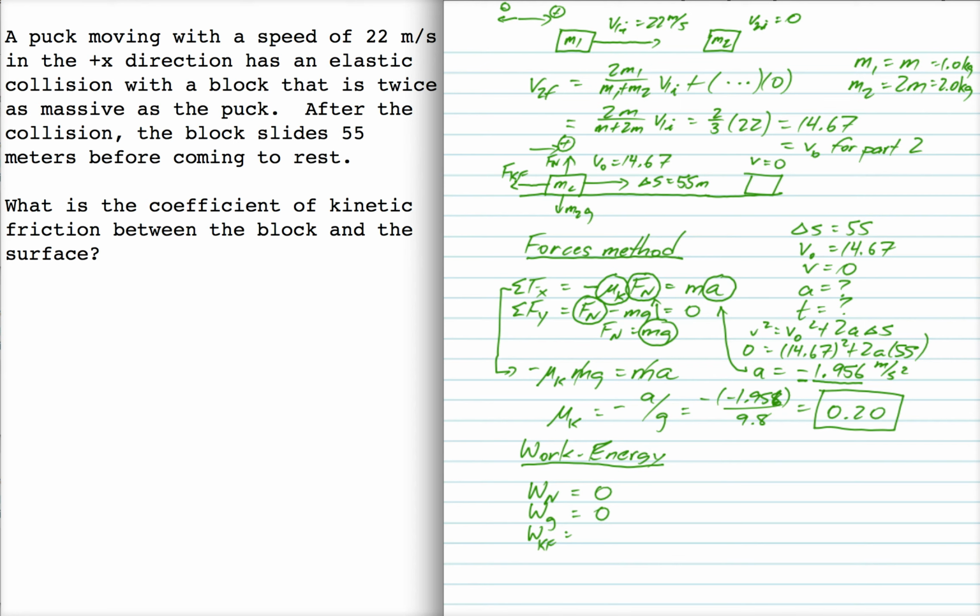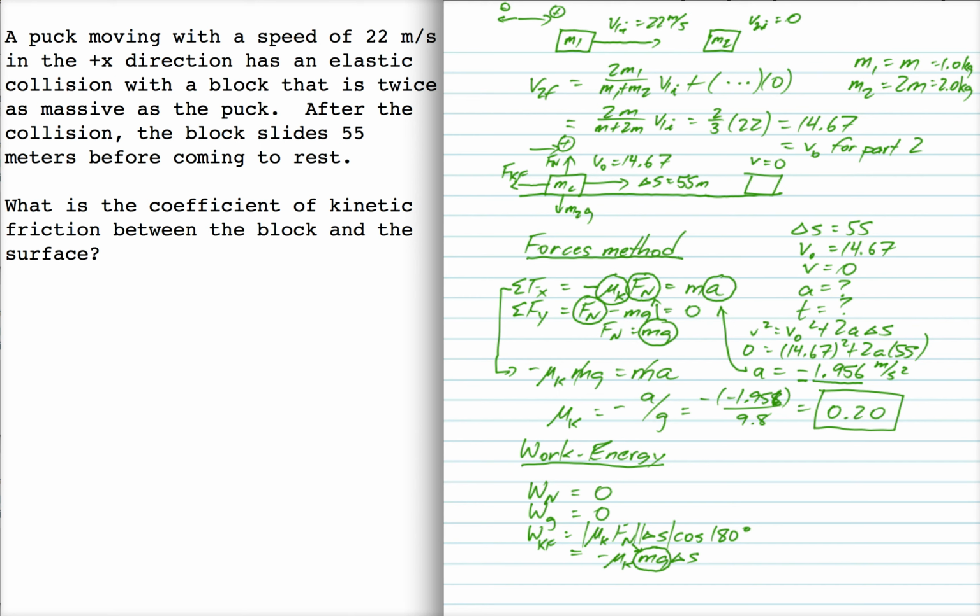And then kinetic friction, well, the force of kinetic friction is mu sub k times the normal force. You have to multiply the force times the displacement and then multiply by cosine 180. Right, it's the magnitude of the force times the magnitude of the displacement times cosine 180. So this simplifies to minus mu sub k mg delta s. Remember that the normal force is mg. We got that from above.